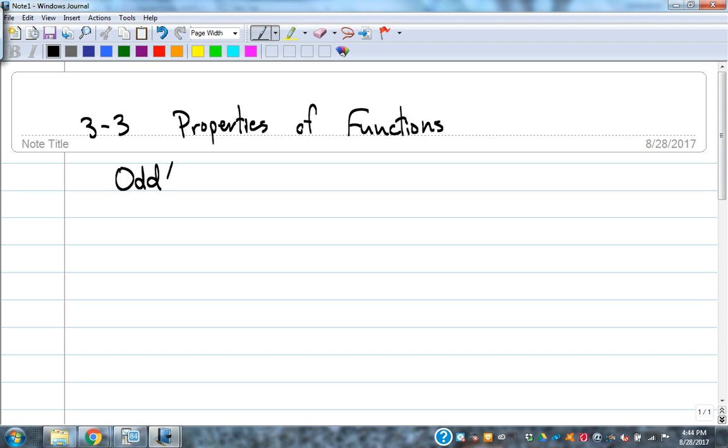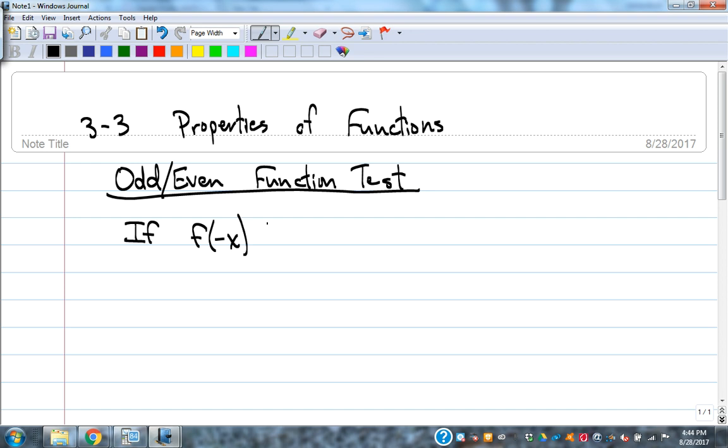Functions can be odd or even, and there's an odd or even function test. If f of negative x is equal to f of x, then f of x is even.